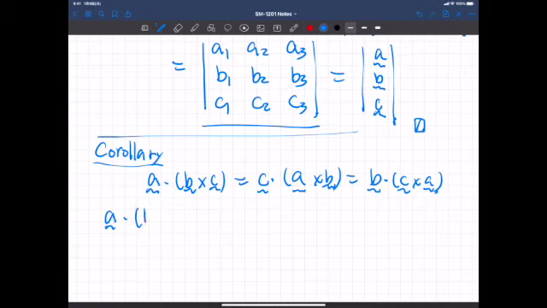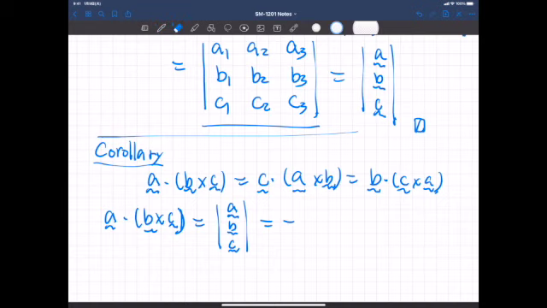So how is that? A dot B cross C is the determinant A, B, C. If we swap the rows of a determinant, let's swap A and C, the first row and the third row, then we have a negative of the determinant.